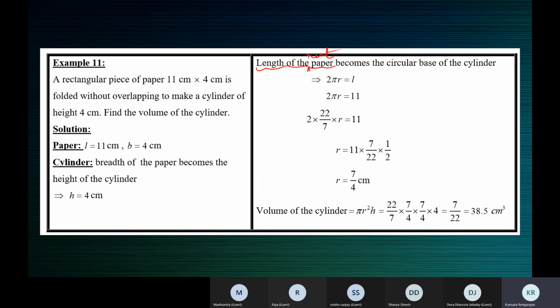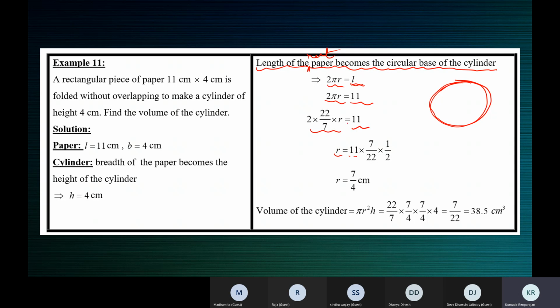Okay, length of the rectangular paper becomes the circular base of the cylinder. So the length of the paper is L. It becomes a circle. This length is 11. Area is not 11. This length is 11. That means 2 pi r is 11. 2 into 22 by 7 into r is 11.